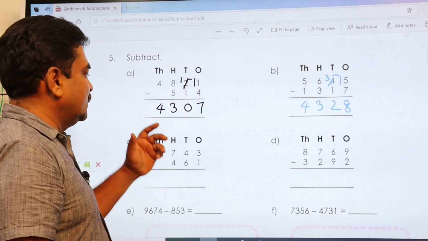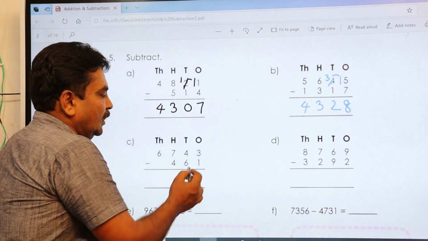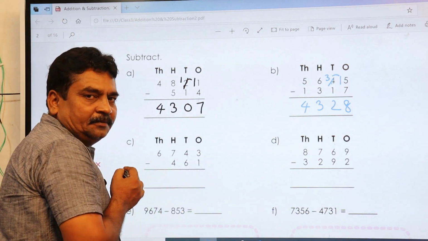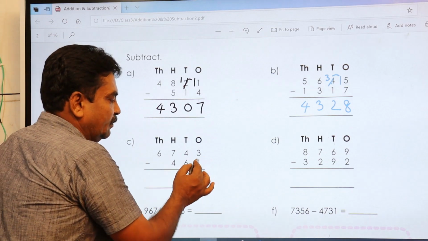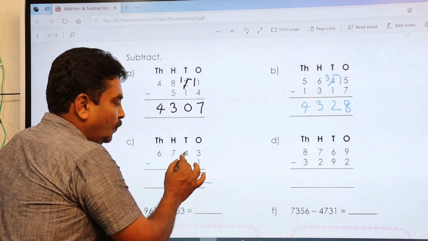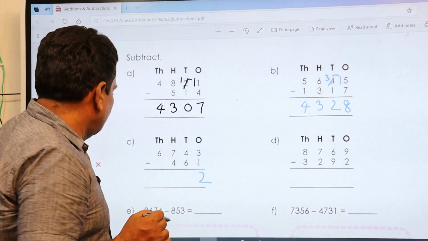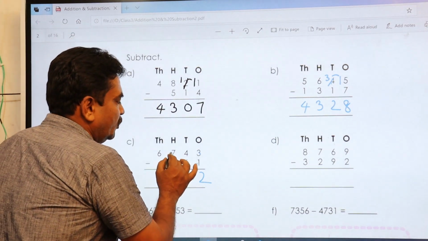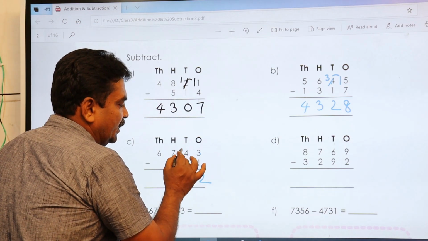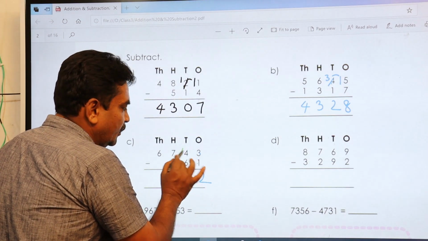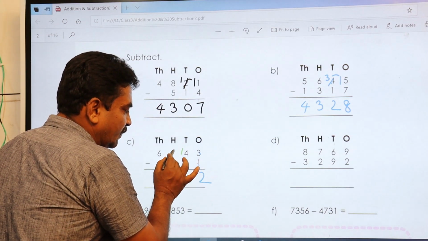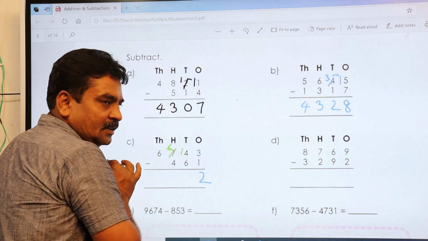Now come back to this one. This is 3, this is 1. 3 minus 1 is 2. 4 minus 6. You cannot take out 6 from 4. So what are you going to do? You are going to carry 1 from here. It becomes 14. You have taken one from 7, so the new number will be 6.